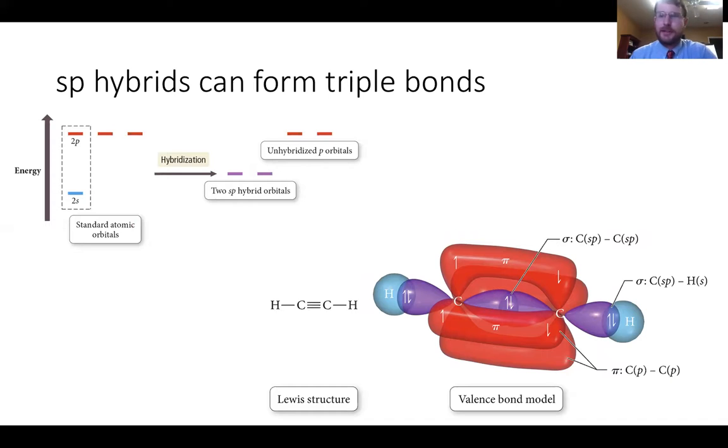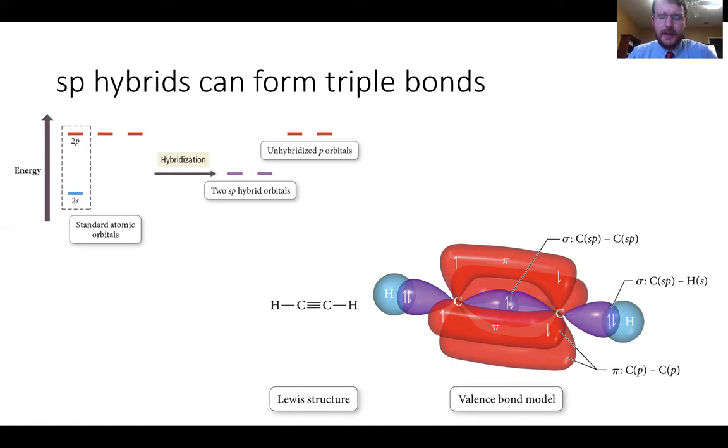So sp hybrids can form triple bonds, right? So we now have, between the s and the p, 2 hybridized orbitals. And then between the unhybridized orbitals, we now have 2 p's that are there. And so we can now form a triple bond, like what we talked about before.